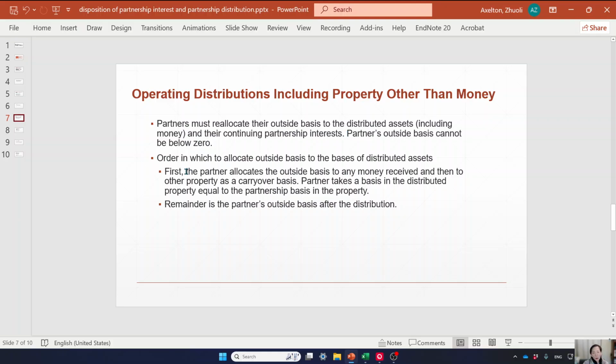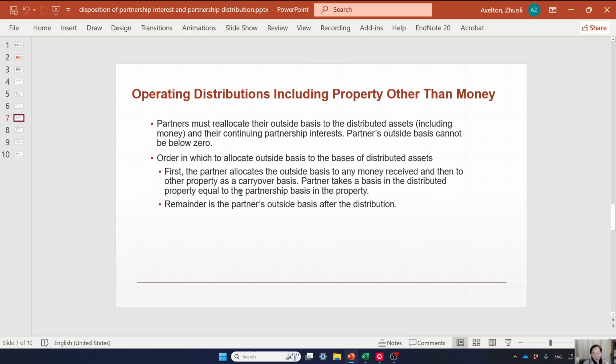So there is a certain order in which to allocate the outside basis to the basis of the distributed assets. First, they're going to allocate to the money received, then to the other property as a carryover basis. This carryover basis means the partner takes the basis in the distributed property equal to the partnership's basis in the property.